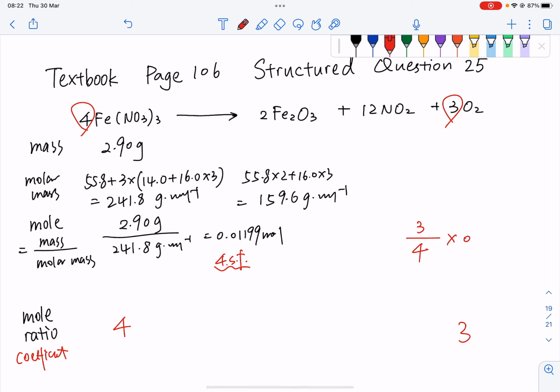Then it will be times 0.01199, and press it in your calculator. The answer here is 8.99 times 10 to the power -3, and this is the mole of oxygen derived from the equation.